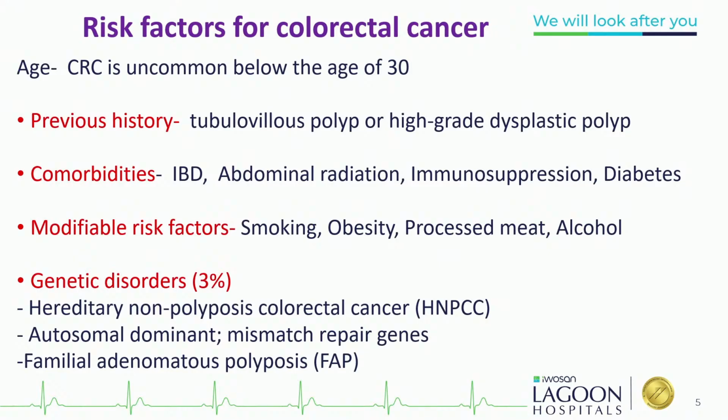Other comorbidities. When I was in medical school as well, we were told we don't have it in Africa. It's not true. We're now seeing the incidence of inflammatory bowel disease on the rise, and UC, which is ulcerative colitis, and Crohn's disease are actually major precursors. Patients tend to present with diarrhea, blood in their stool, and nothing is done. That should be watched out for.